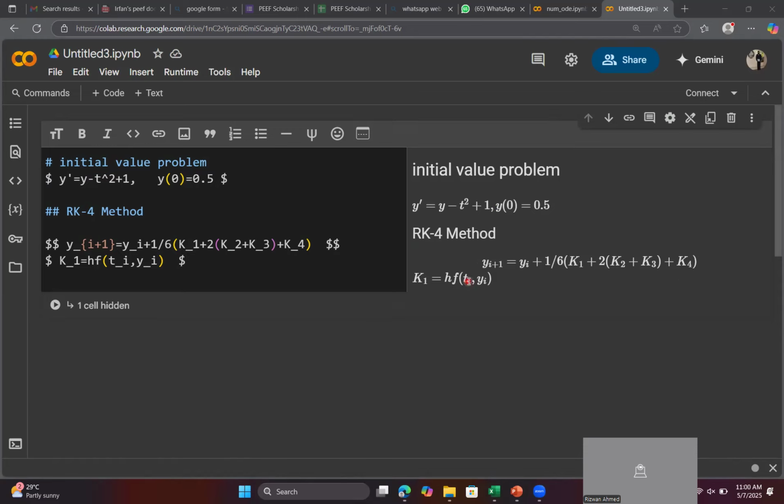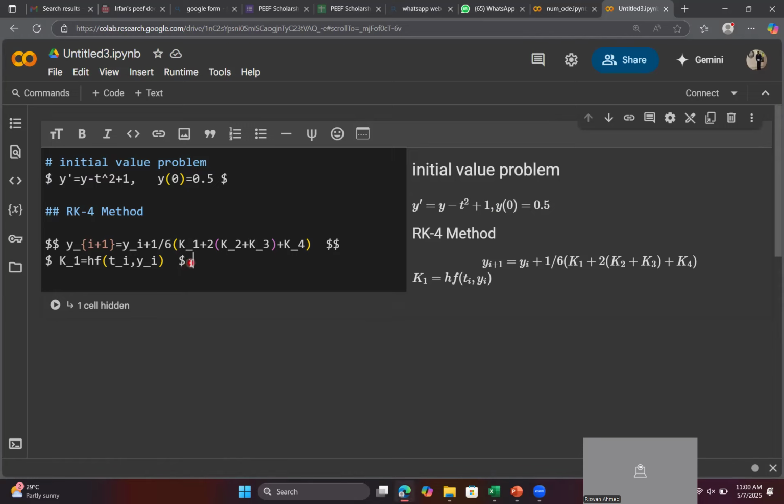This generates the estimate, whereas k1 is calculated as h times, h is the step size, times the value of the derivative function f at t i and y i.